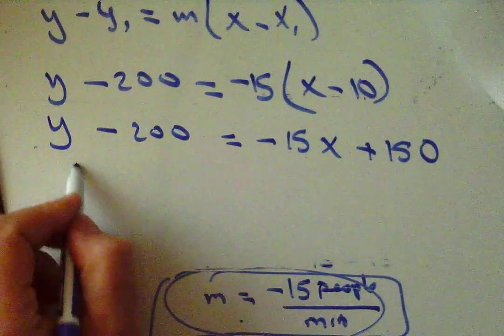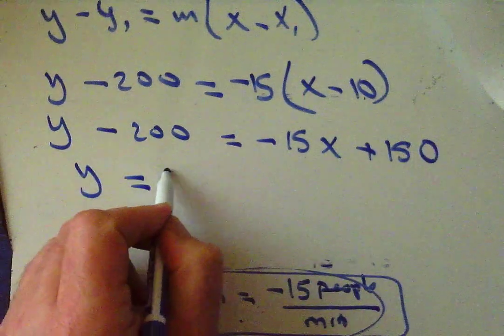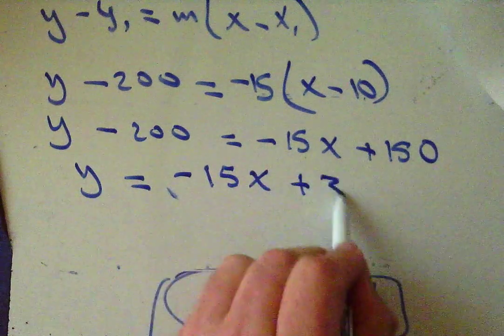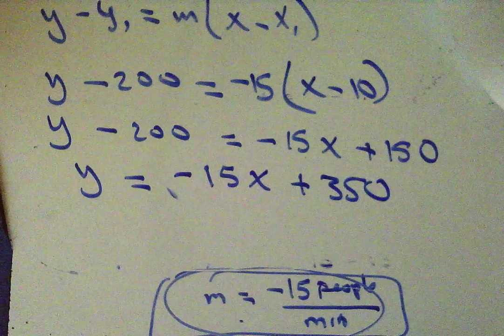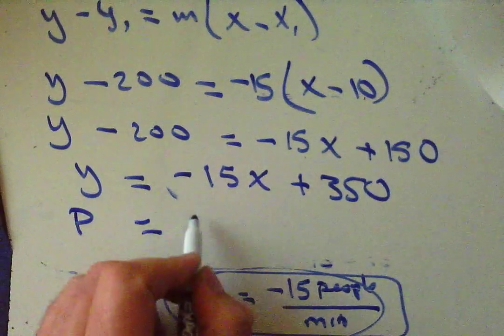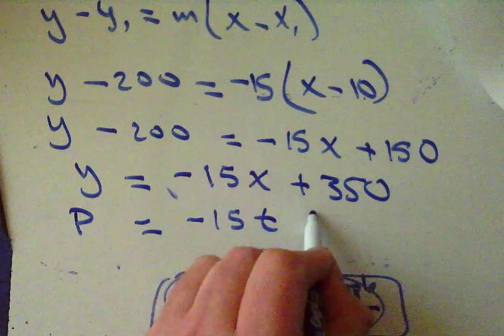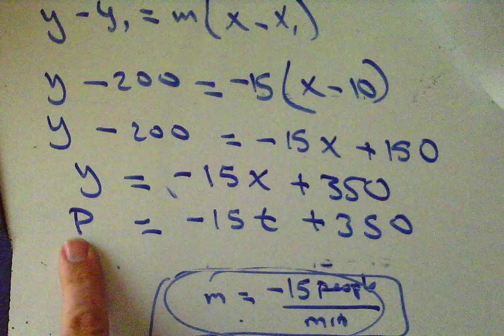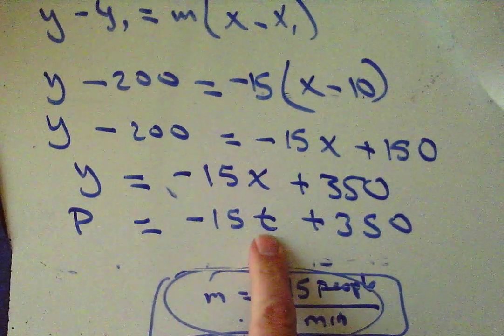And I want y by itself, so I add 200 to both sides. That's going to be negative 15x plus 350. All right, now, this is nice, but remember, we want p equals negative 15t plus 350. We want the number of people in line as a function of time.